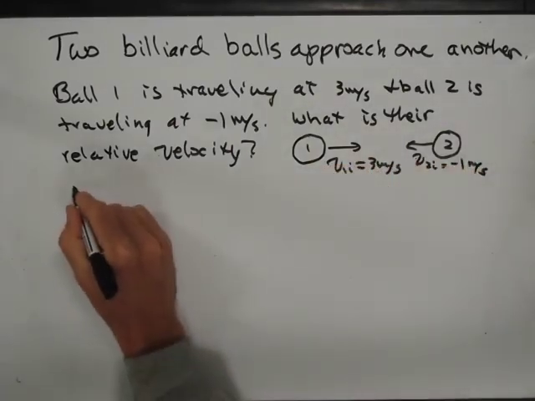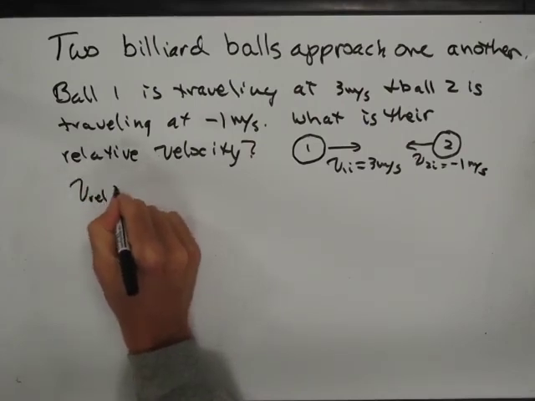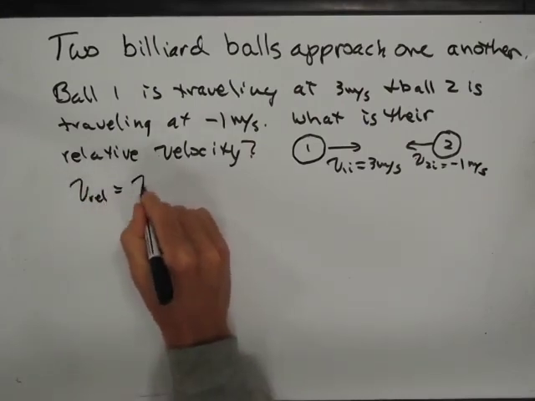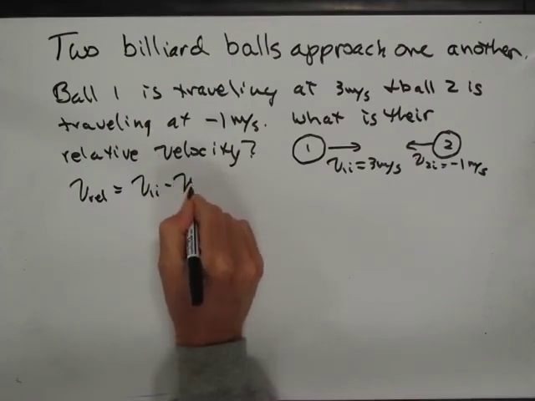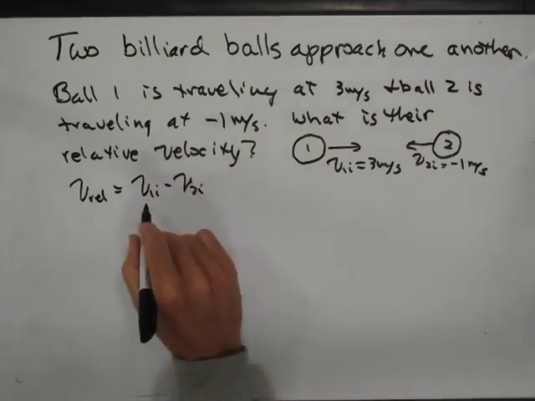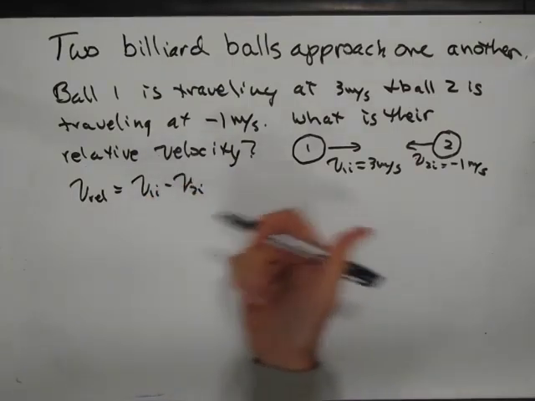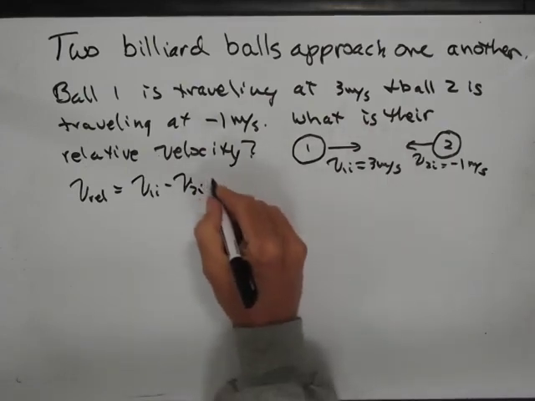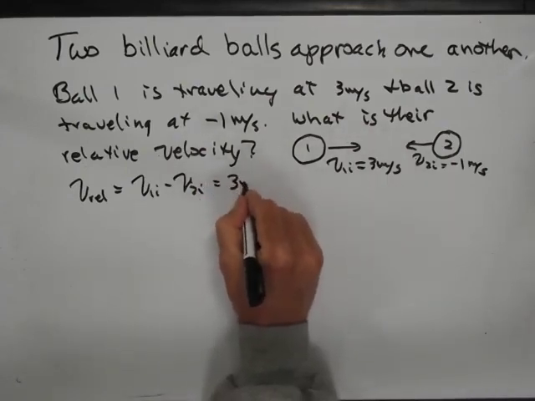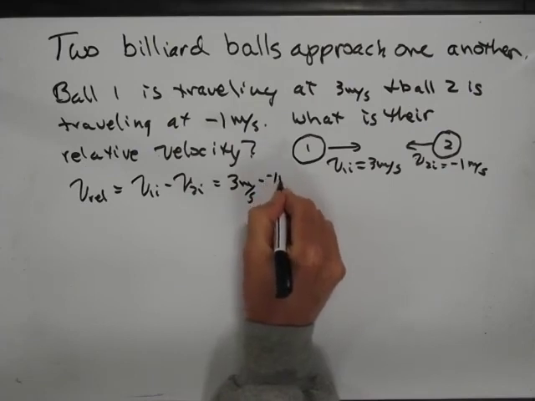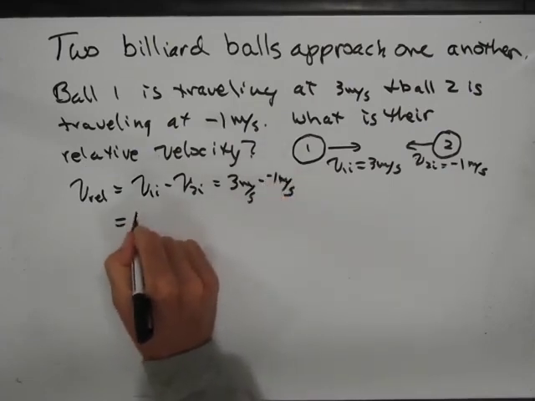And so the relative velocity, v rel, is equal to v1 initial minus v2 initial, right? The velocity of one relative to the other. If this one's going 3 that way and this one's going minus 1 that way, the relative velocity is 3 meters per second minus negative 1 meter per second, or 4 meters per second.